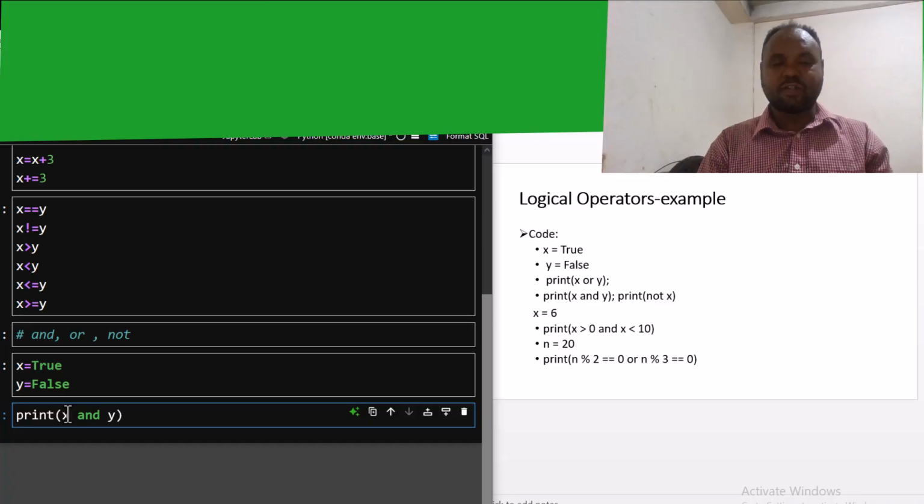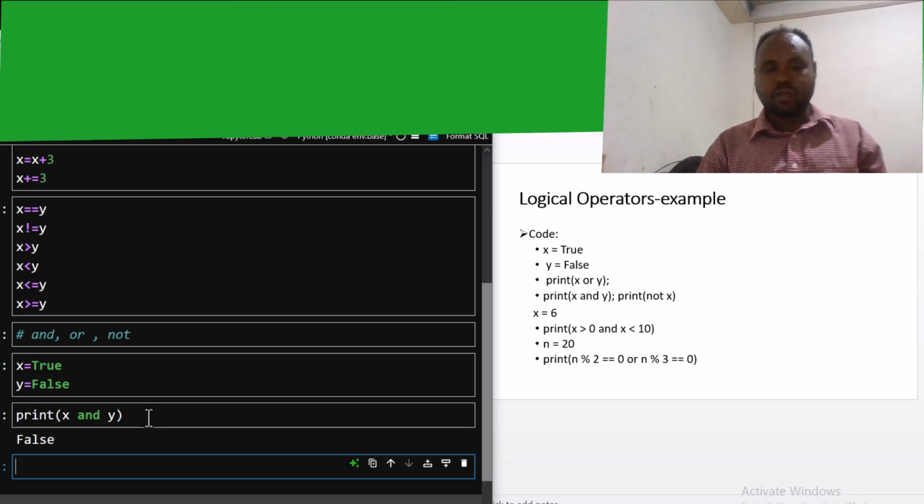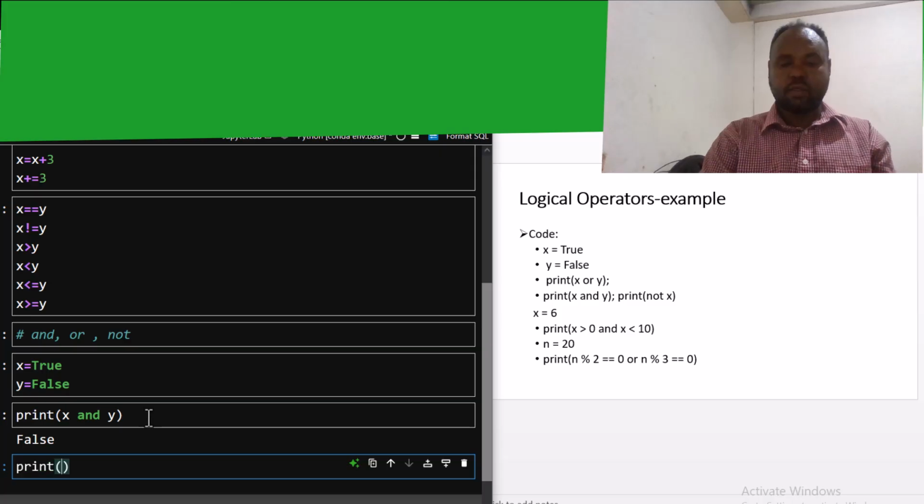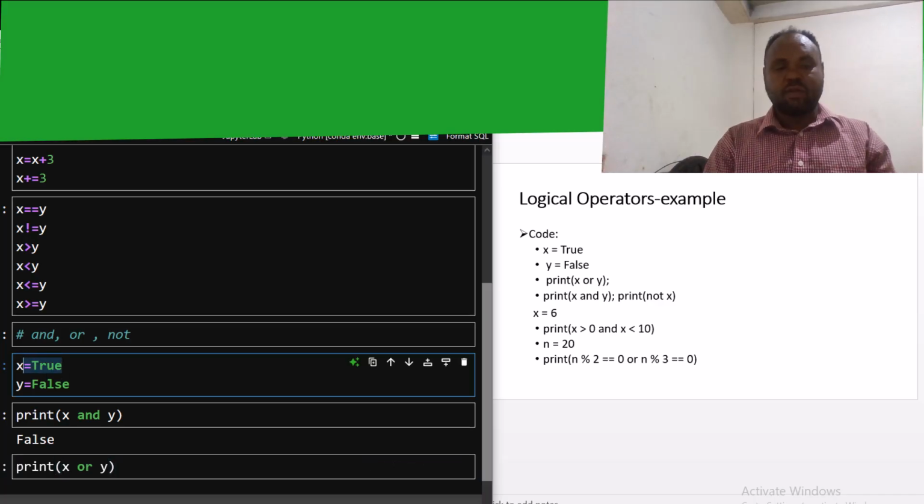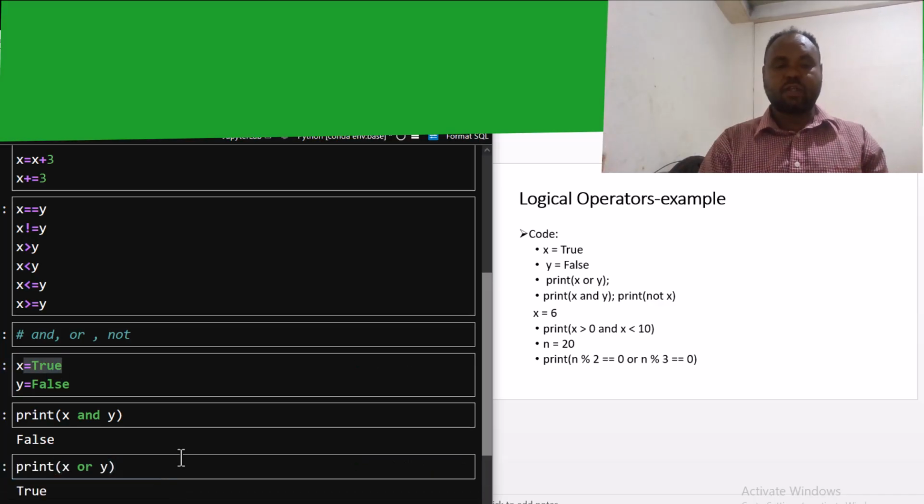So this turns, as a rule of thumb, false, because two statements connected using AND turn to true only if both are true, right? Print x or y. This is true because one is true from these two values. This turns to true.